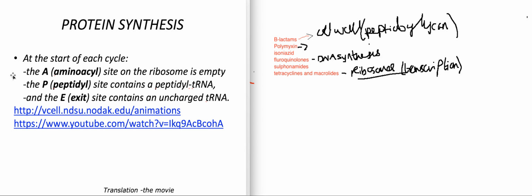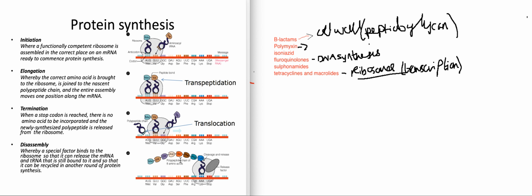At each cycle, there are 3 sites present on the ribosome. A is usually empty. P contains the peptidyl tRNA, so it contains the amino acid and the anticodon. E is the exit site. If you go over to this website here and you don't really understand what protein synthesis is, you can have a quick look at the video, because this video is not based on that, but I'll still touch upon it.